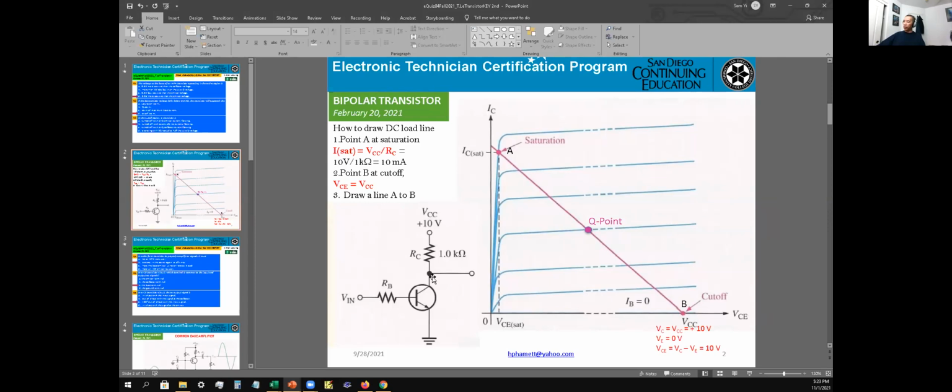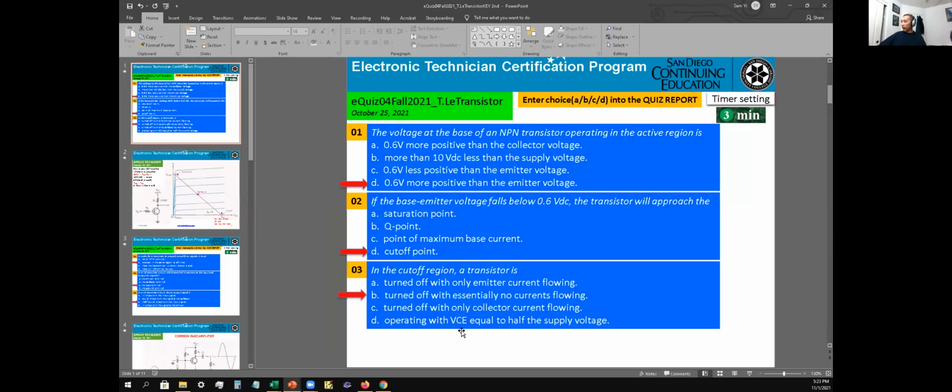Whatever the voltage here would flow directly through the emitter. So that's why it's the cutoff, and there won't be any current at all at IC. In the cutoff region, a transistor is turned off, essentially no current flowing. So the answer is B on number 3.